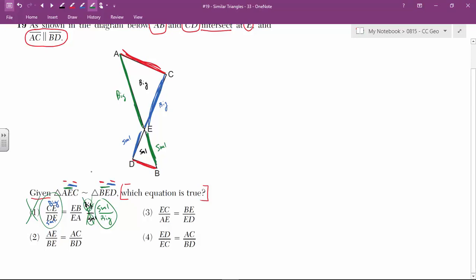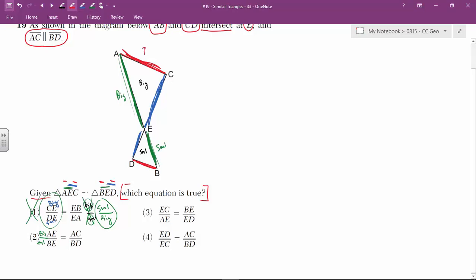Let's look at number 2. Number 2 is AE, which is the green from the big. So AE is big divided by BE. Yeah, big divided by small. So we got AE here and EB right there. So we're going to need big divided by small.